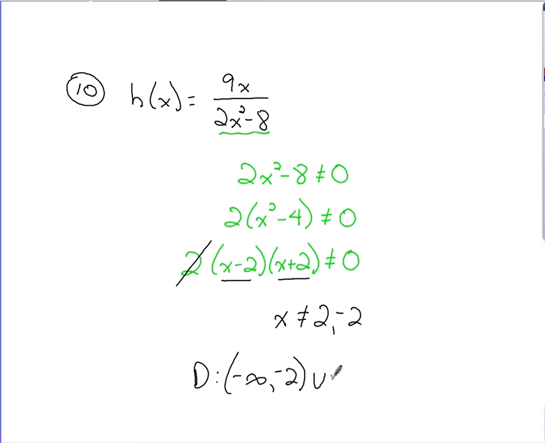We're going to have more intervals here. You form that union, right? You pick up where you left off at negative 2 and you travel up to the next value of 2. But wait, there's more, so there's another union. Pick up where you left off at 2, and we keep going. There's your domain. Whew.